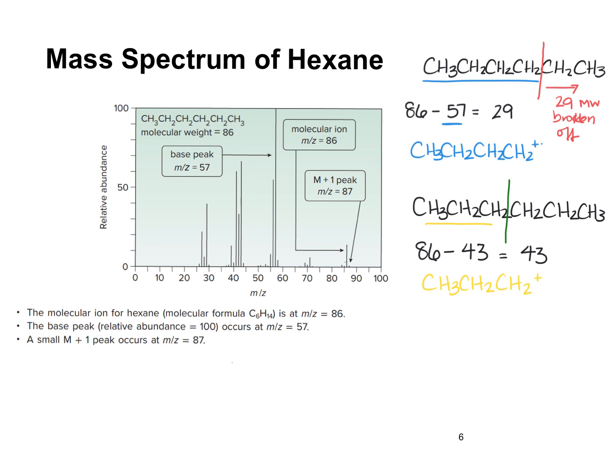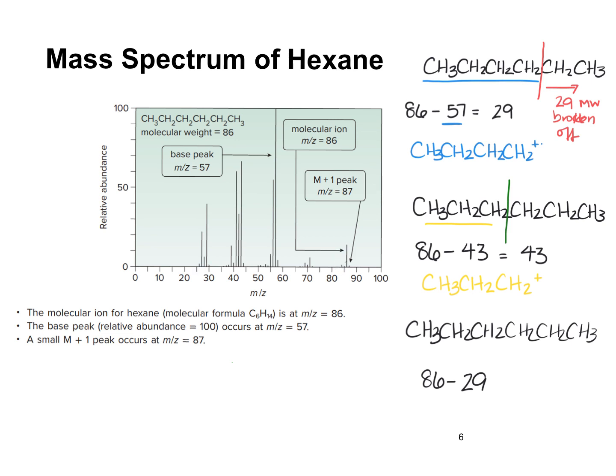And then if we look at the very last peak there, and we take 86 and we subtract 29, which is the peak that we see here, past the base peak. So we take 86 and subtract 29.